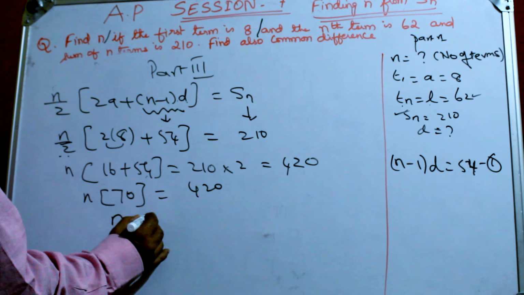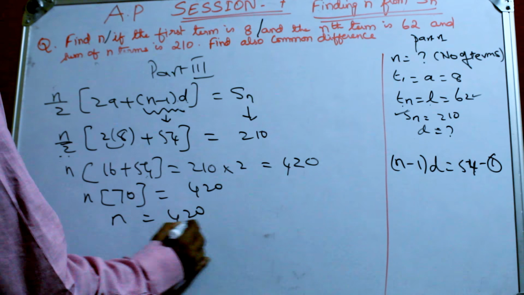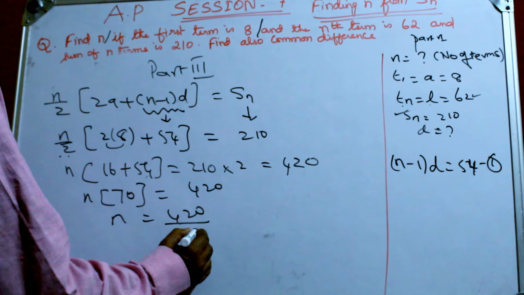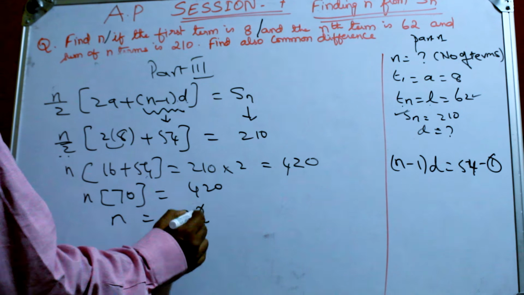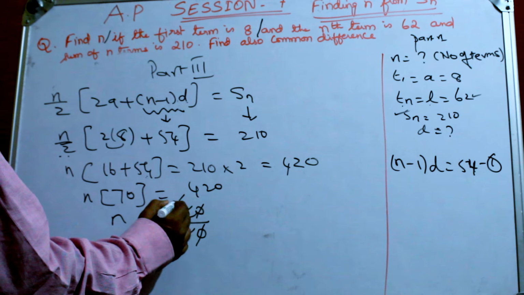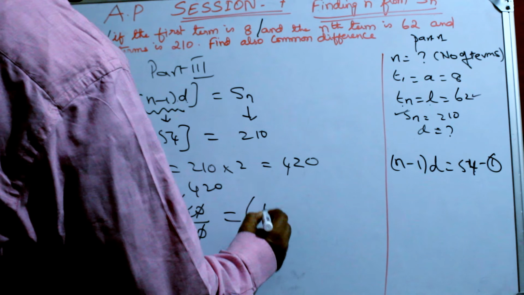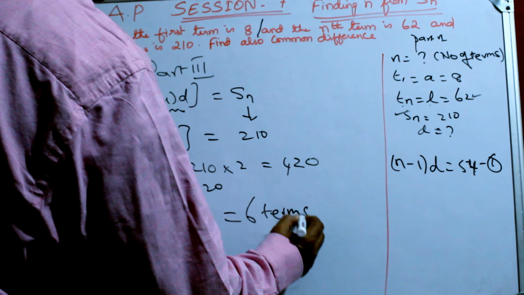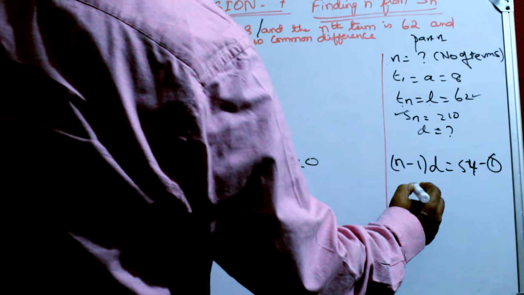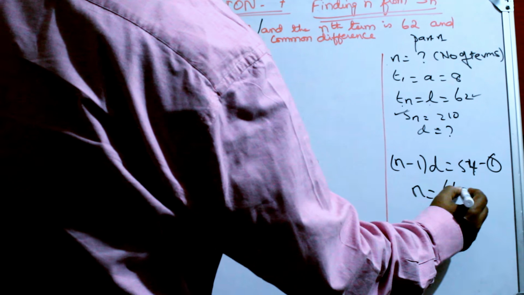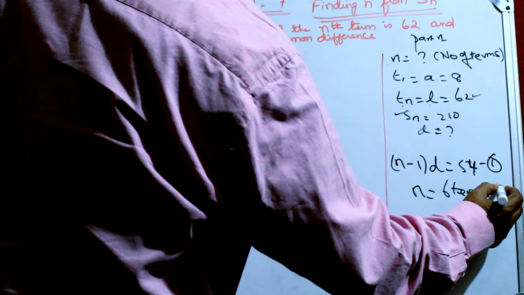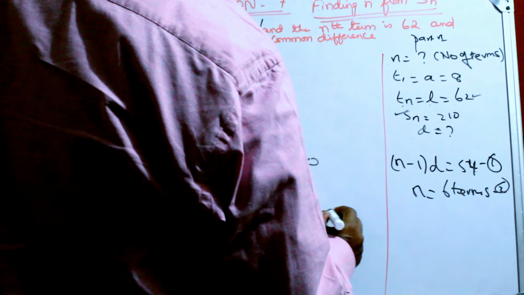So n is equal to 420 by 70. Cancel the zeros, 7 goes into 42 six times. So n is nothing but 6 terms. I write here also, n is equal to 6 terms. Call it equation number 2.